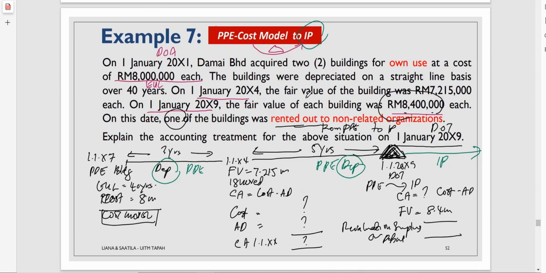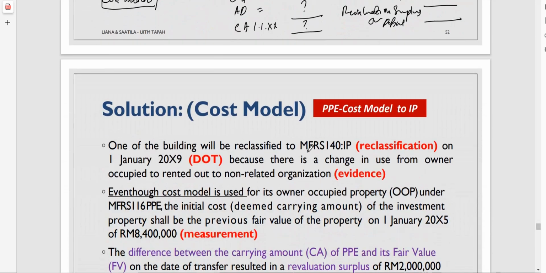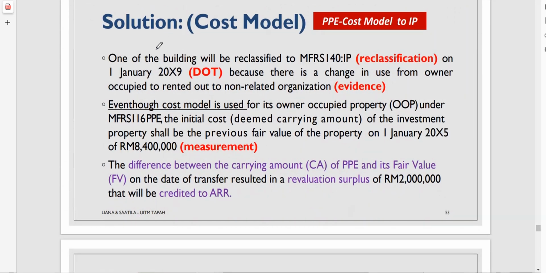If it's using the fair value model, the depreciation will stop. But if you assume this using the cost model, you will continue depreciating the asset for investment property.